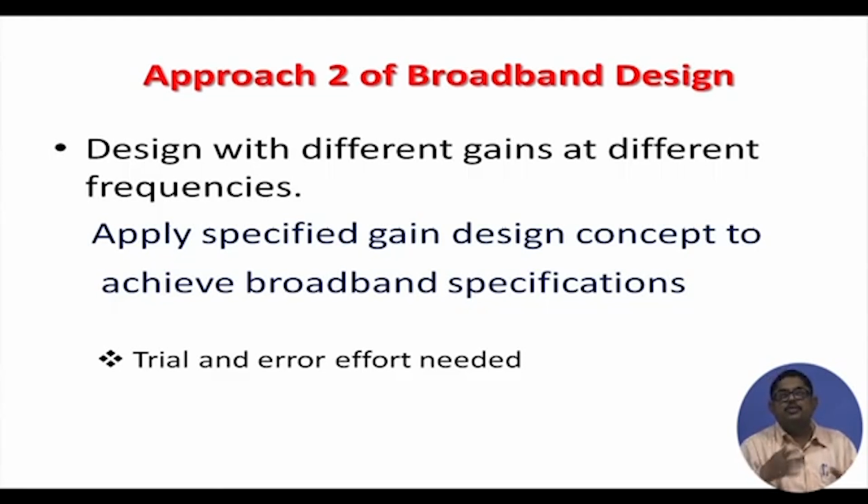If you want to do it over a band, you cannot do it for all possible frequencies. So, you select various frequencies in that band, and there you do that design, and finally, with trial and error, have some balance. Some trial and error effort is needed, but people also do it. We will also see an example of this in the examples.